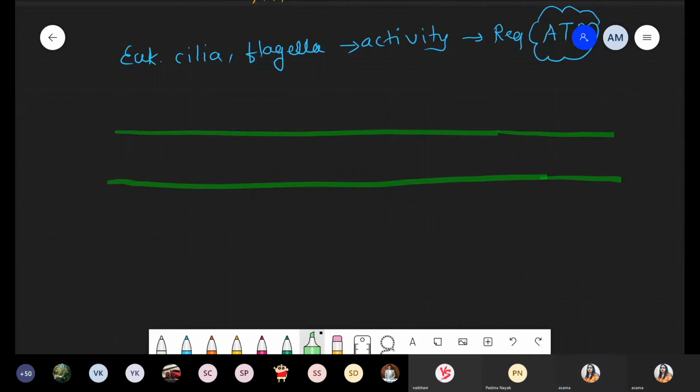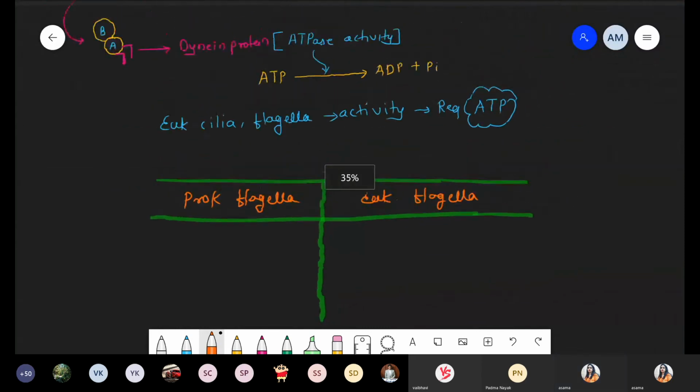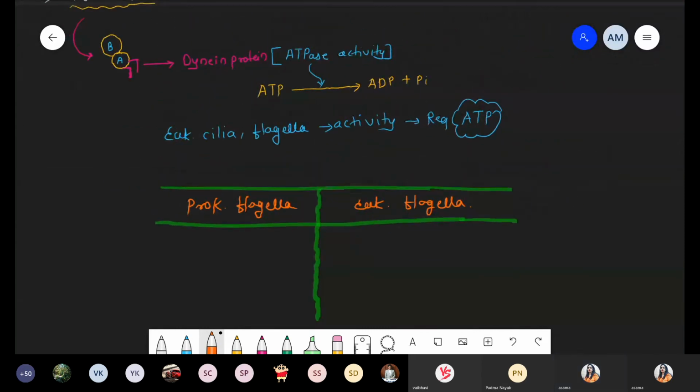Okay, whatever, we continue. We compare this point with prokaryotic flagella, with eukaryotic flagella. So quickly we revise this part.